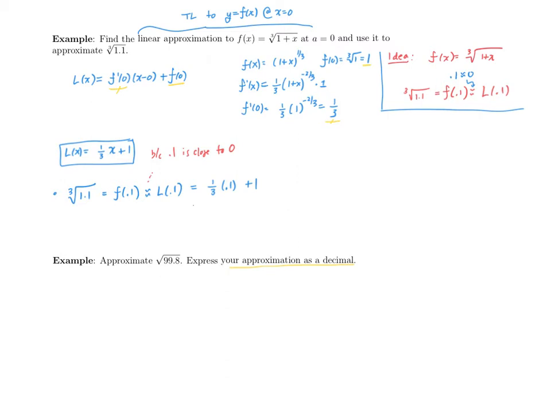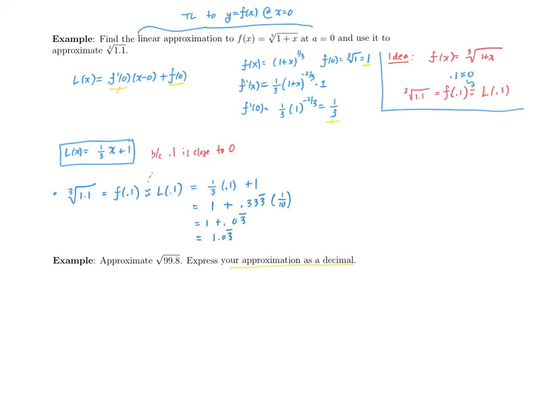I'm going to reorder the terms and say we have 1 plus, and let's think about this as a decimal. 1/3 would really be 0.333, and I'll put a little bar over it to say it's repeating indefinitely. And then we're multiplying that by 0.1, so think 1/10. And what that's going to do is slide the decimal place 1 over to the left. So this would be 1 plus 0.03 repeating.